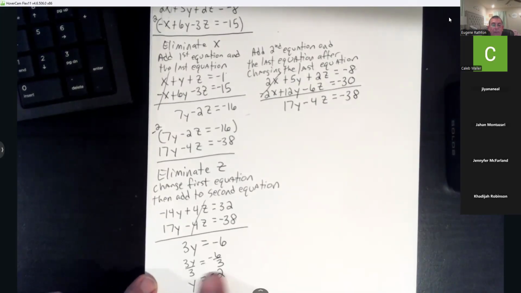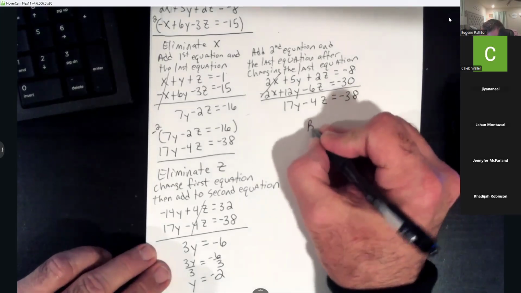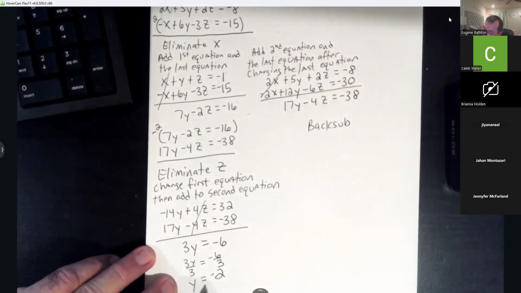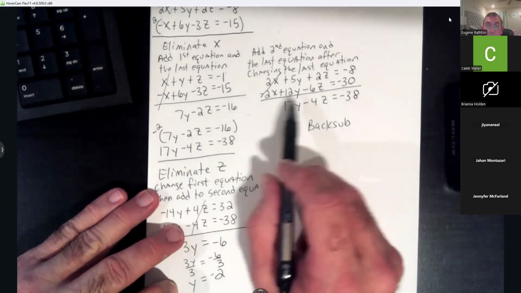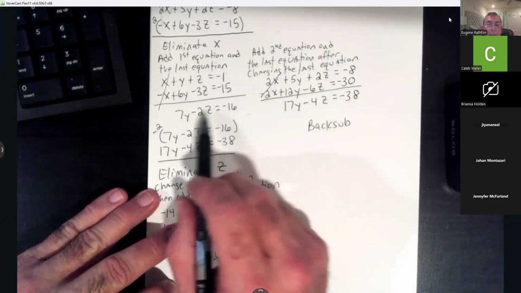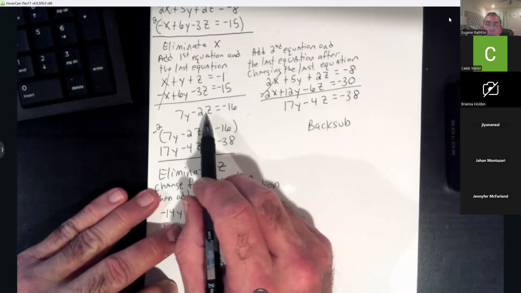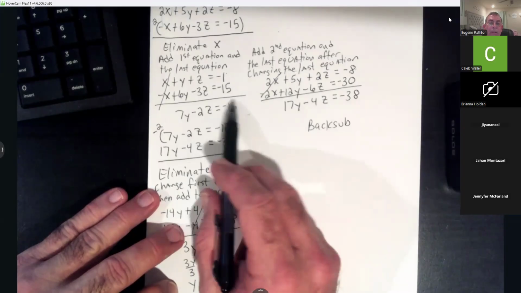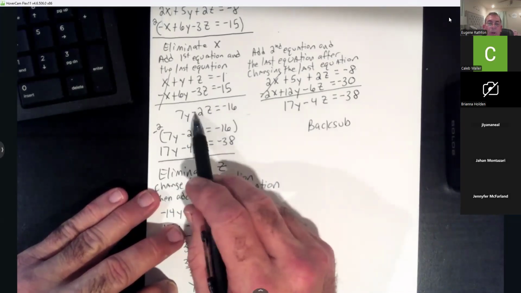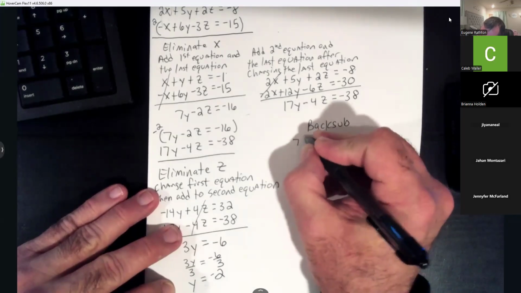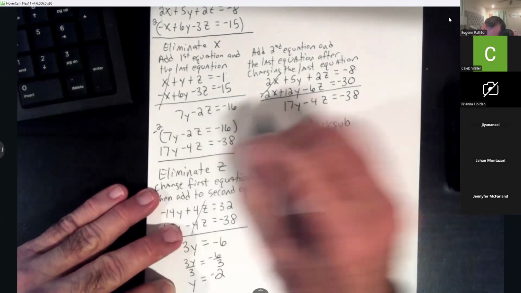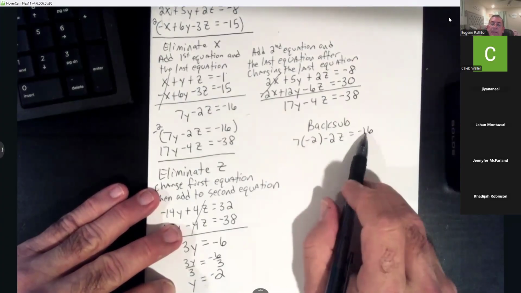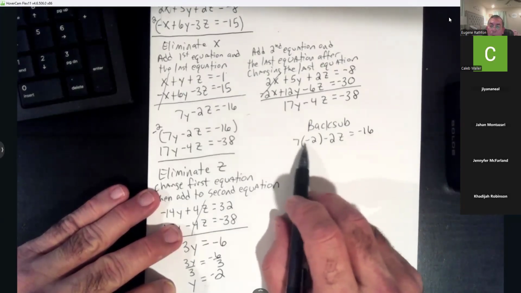-2. So since I know what y is, I can start back substituting. Since I know y is negative 2, I'm going to plug it into one of these two equations. Because if I know the y, I can solve that for the z. So I'm just going to back substitute into this one. It had smaller numbers. So I got 7 times y, which is negative 2, minus 2z is going to equal negative 16. First thing I would do is multiply.